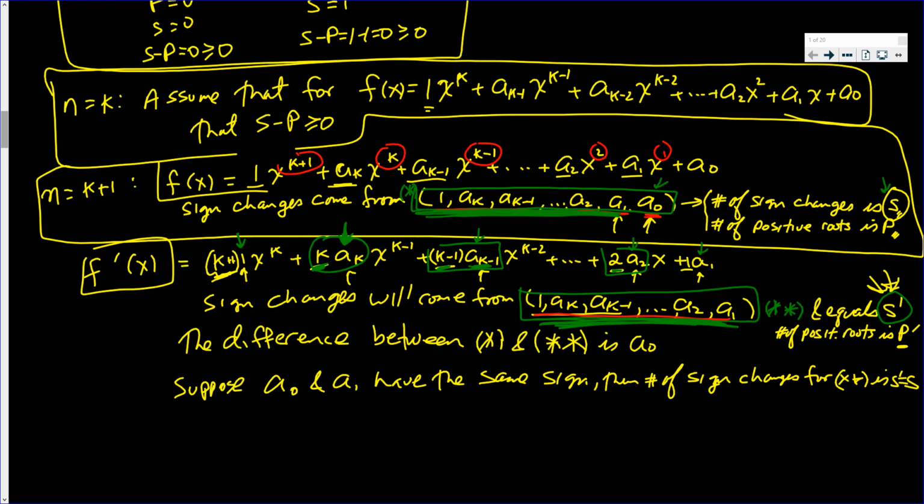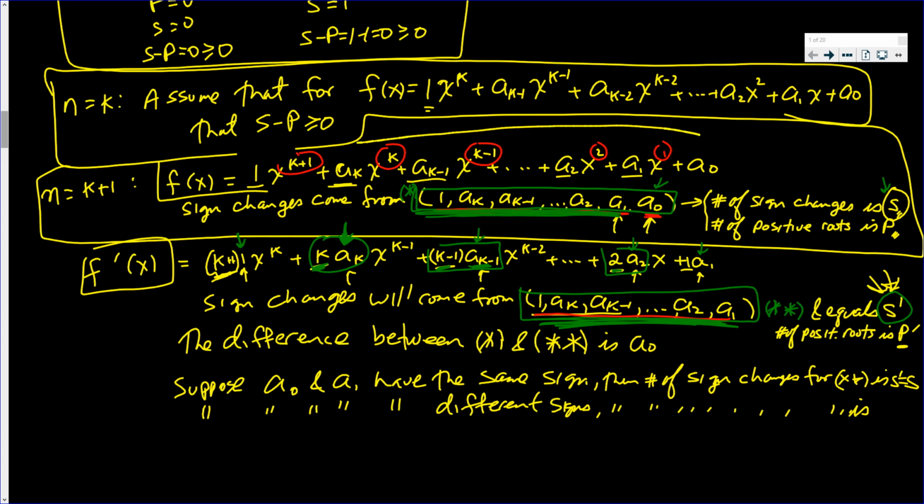Now, suppose A0 and A1 have different signs. Then the number of sign changes for double star is going to be, well, let's be careful. All of these, let's go to this list.